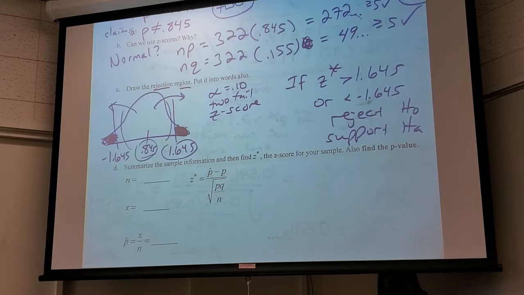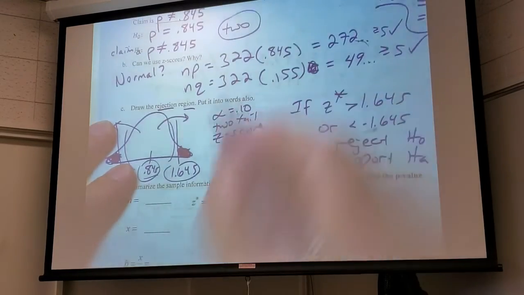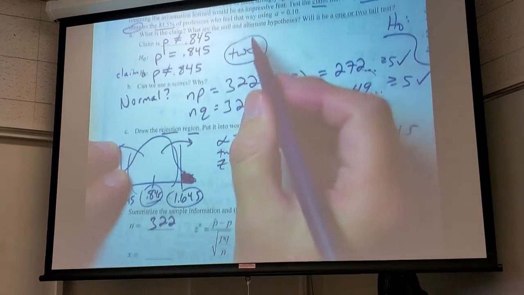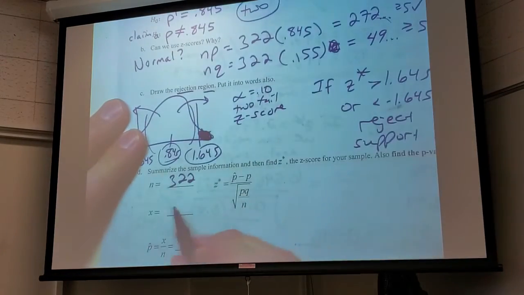So step C sets up where evidence will start. And then step D is, did we get there? Step D is, where did our sample end up? How far away did it get? So we know n is 322. We know x, 282.